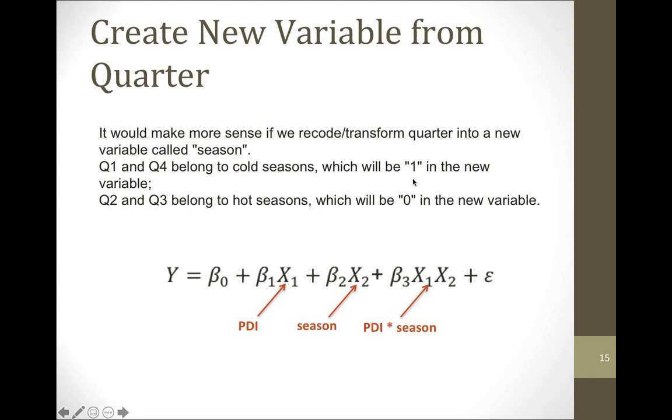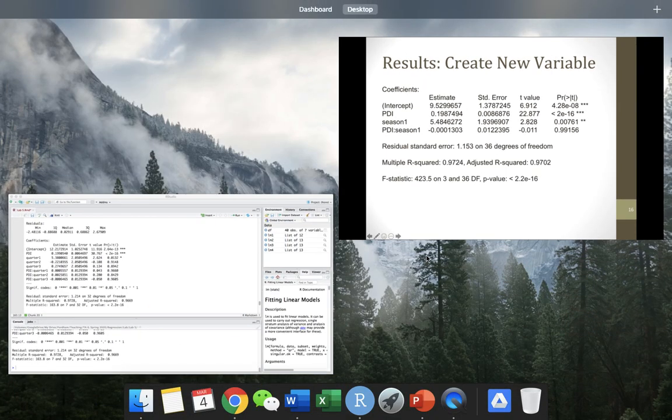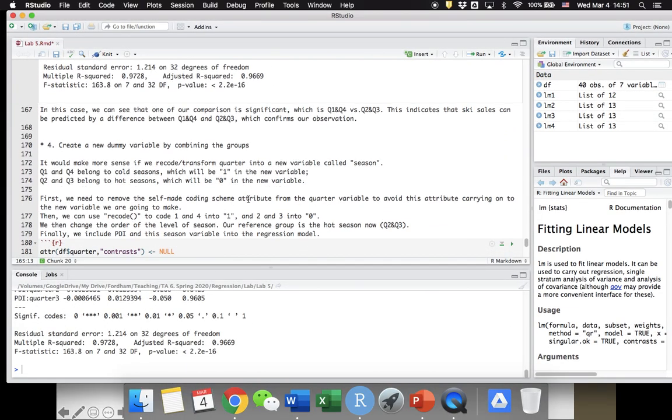It doesn't matter, it's just that the direction will change. If you want to see a positive estimate, it is better to put Q1 and Q4, the cold season, as 1 and the hot season as 0, because we're talking about ski sales. And our regression model will be this: x1 is the PDI, and x2 will be the season variable, which has only 2 levels, 0 and 1, indicating cold and hot, and the interaction between the PDI and the season. So let's get back to the code here.